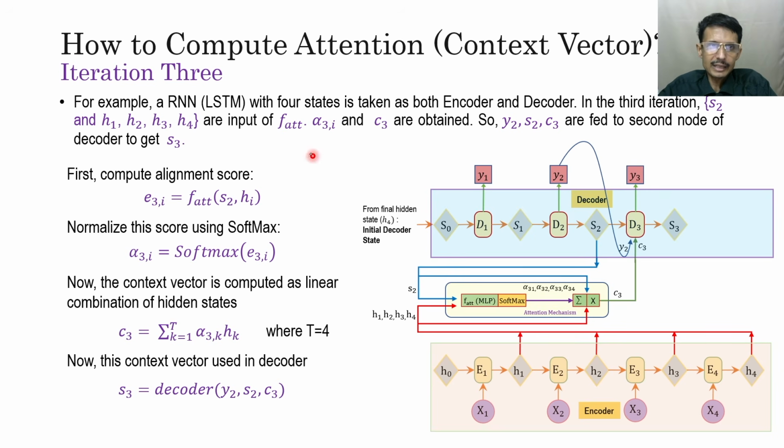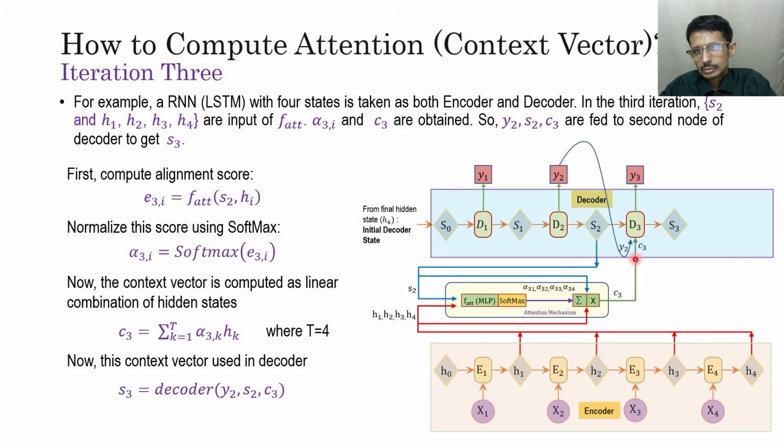The third step is very similar. e3i is how it is enumerated. It is computed from S2, with H1, H2, H3, H4, the hi. Normalize to get alpha 3i with softmax, so we get alpha 31, alpha 32, and so on. Now we compute the context vector as a linear sum, C3 equal to the sum over k of alpha 3k into hk, and S3 is decoded from Y2, S2 and C3.